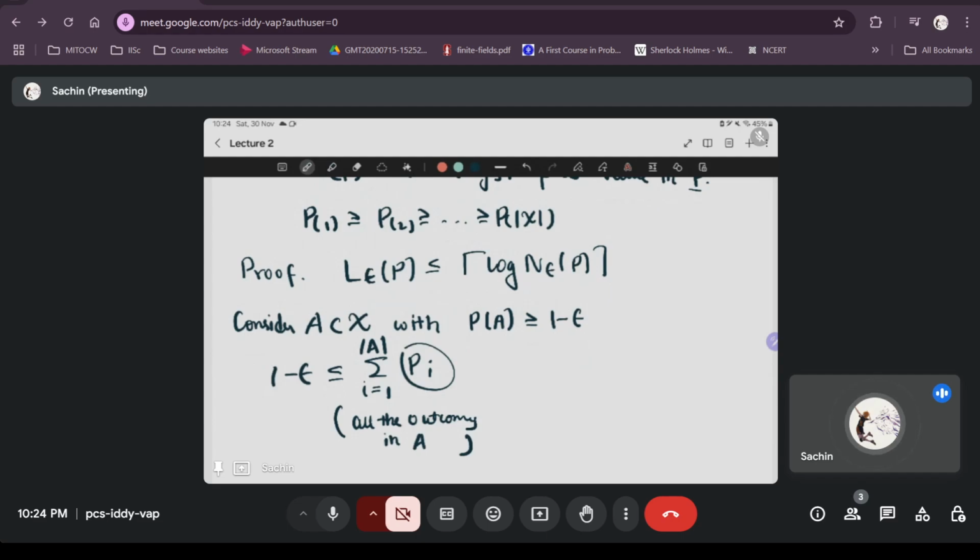If I replace this set by the sum of P_i from the descending order arrangement, then the probability will be greater, right?